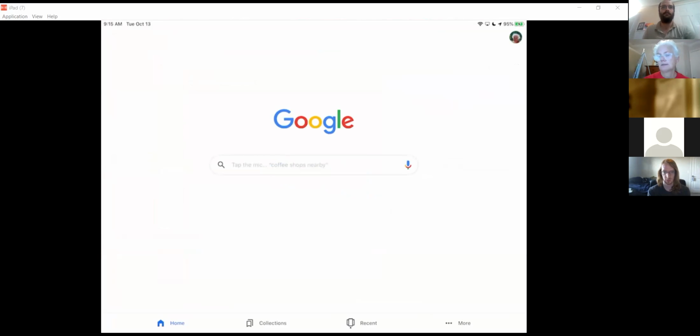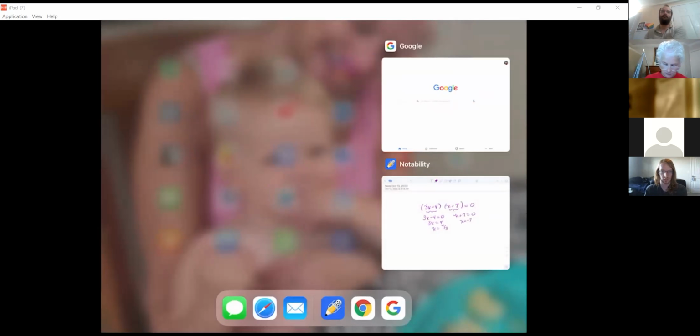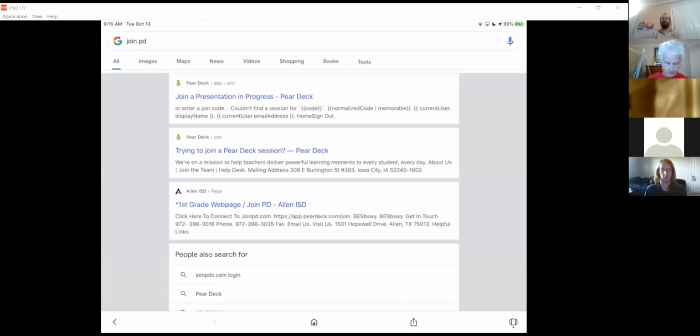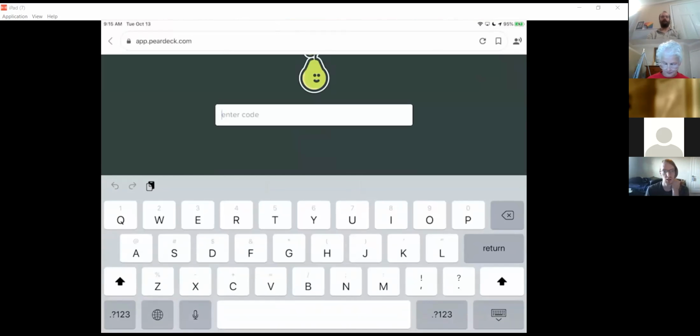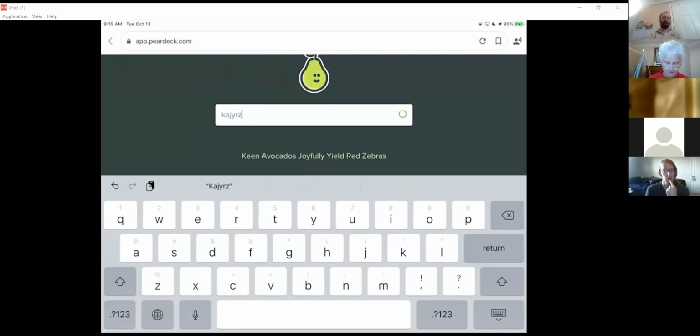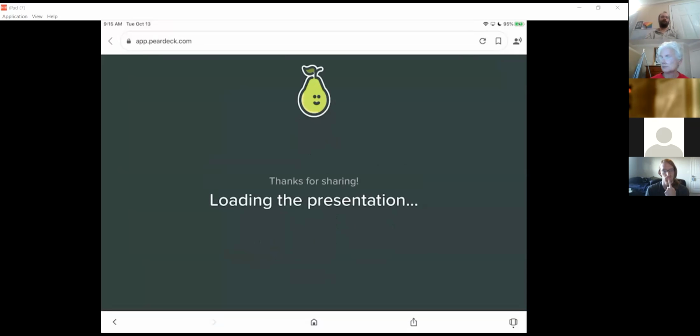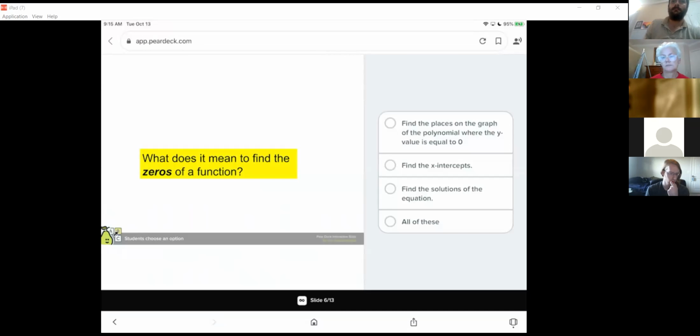What does it mean to find the zeros of a function? Good, and it is all of these.